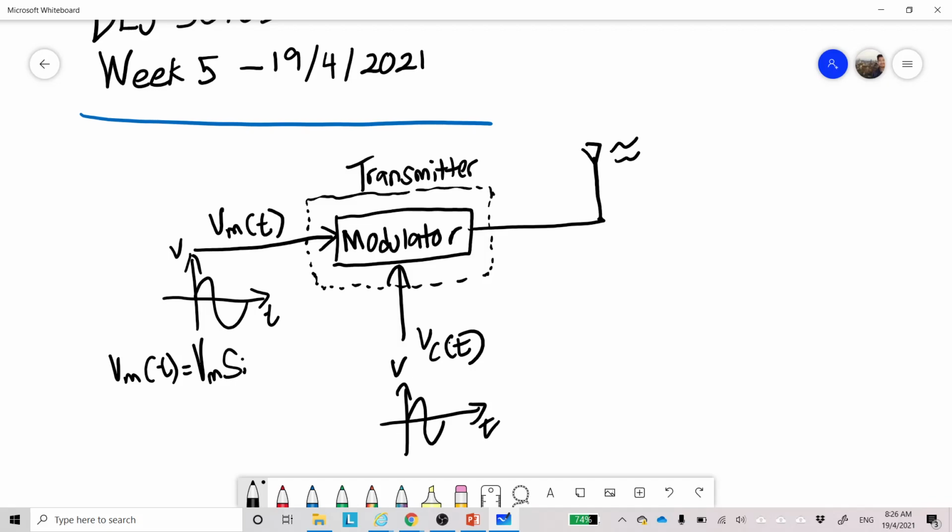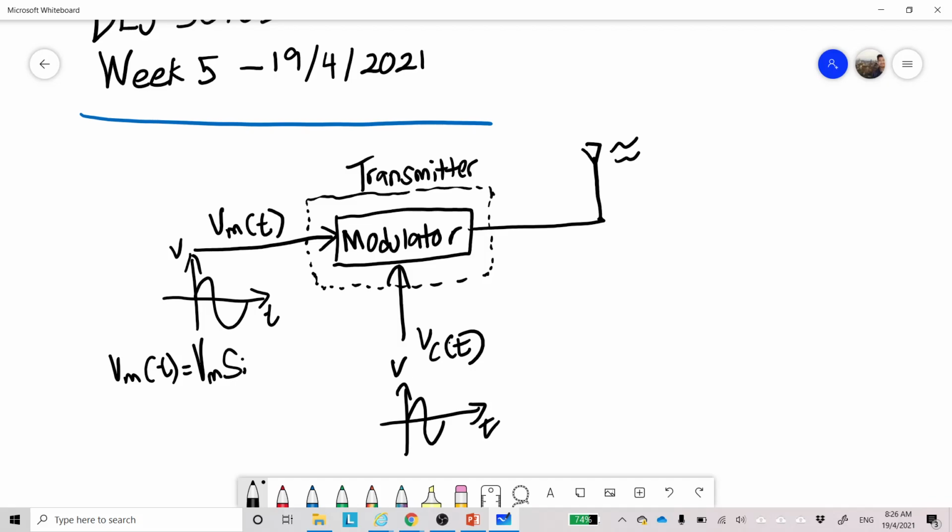So we produce a VAMT by mixing both of these signals together. So the mixing process will change the amplitude property of the carrier in accordance with the amplitude variation of the input message.